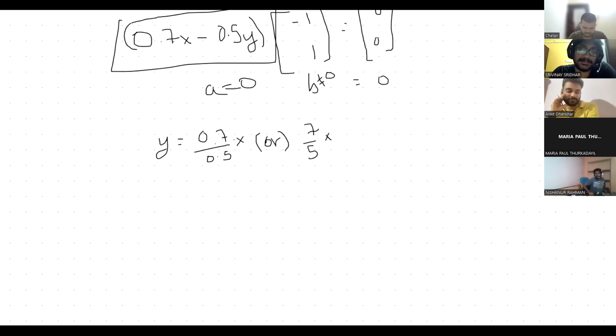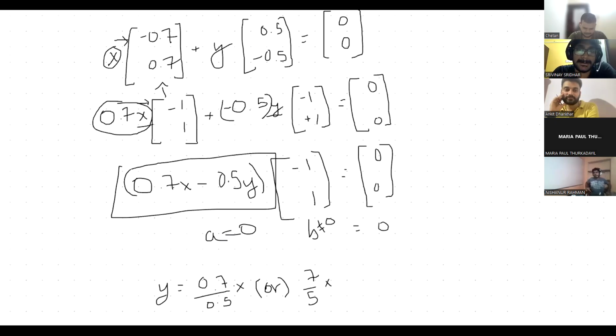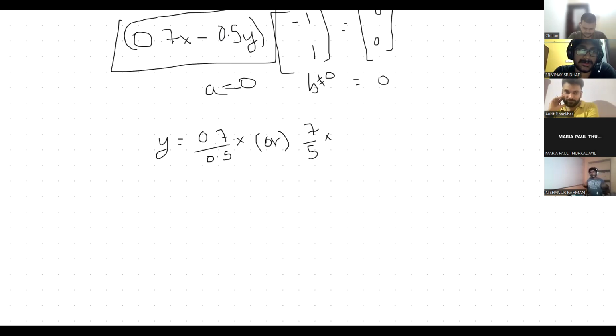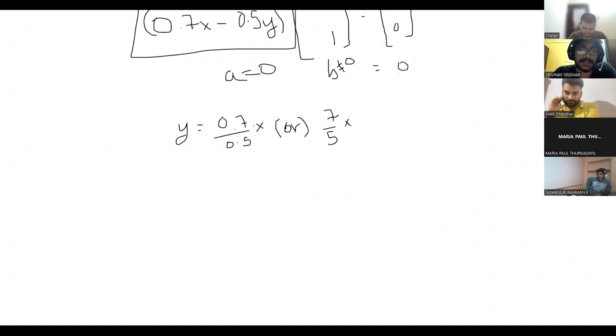So now we understood how we got there, right? Then you have to plug it into the other equation to get the solution that we want. So you want to plug this into x plus y equal to 1000. Amazing. This is what I wanted.